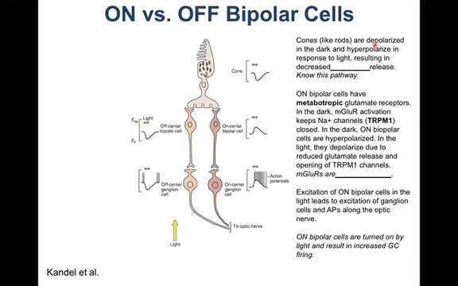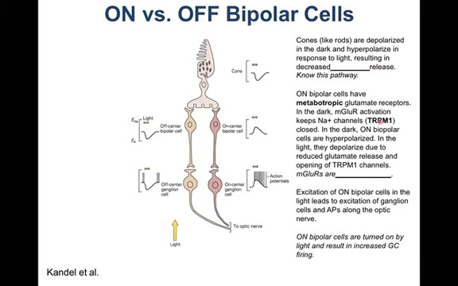In response to photon or photons of light, cones will hyperpolarize, resulting in decreased release of glutamate, which you should recall is the neurotransmitter, and you need to know that signal transduction pathway. I won't review it for you here. That was covered last lecture.